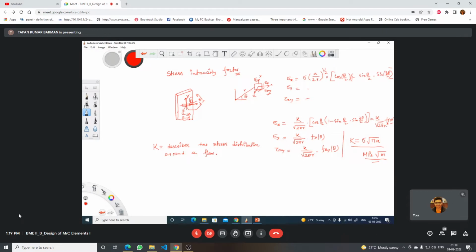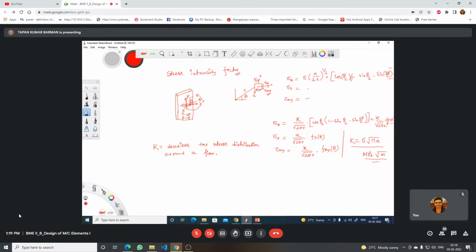Now, if there are two cracks with the same value of K or stress intensity factor, that means the stress fields are identical, even though the geometries are different. So K is basically the stress intensity factor, and it will describe only the stress distribution around the flaw, around the crack. That is stress intensity factor.